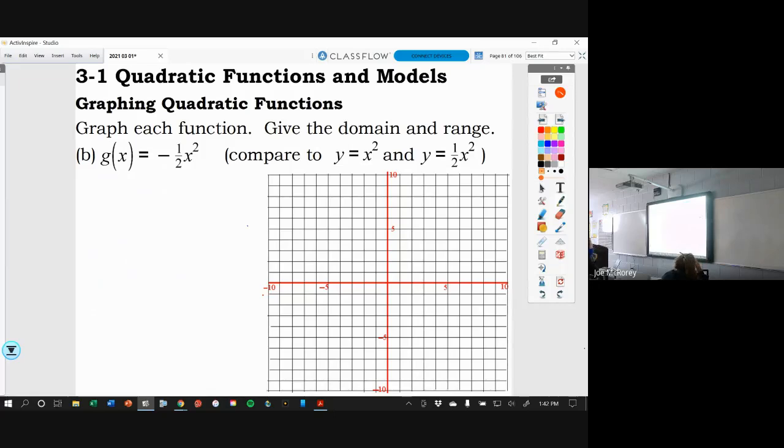Part B, g(x) = -1/2 x squared. We're going to graph that. We're going to compare it to the graphs of y = x squared and y = 1/2 x squared.